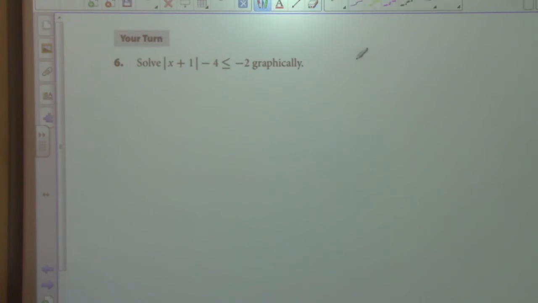See what I would do, I'm just going to sketch out a coordinate plane here a little bit. X, Y. 1, 2, 3, 4, 5.